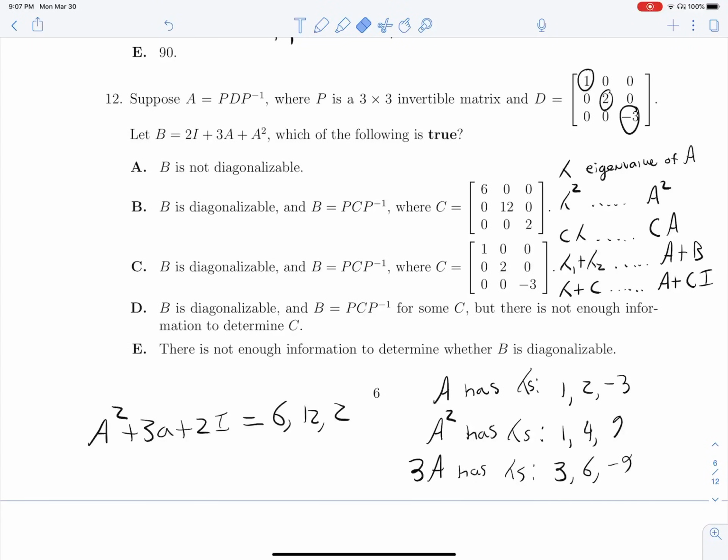So because B has these three distinct eigenvalues, it must be, by definition, diagonalizable. And because it's diagonalizable, when diagonalized, it will have a matrix C that encodes its eigenvalues down the main diagonal. So B is our correct answer.